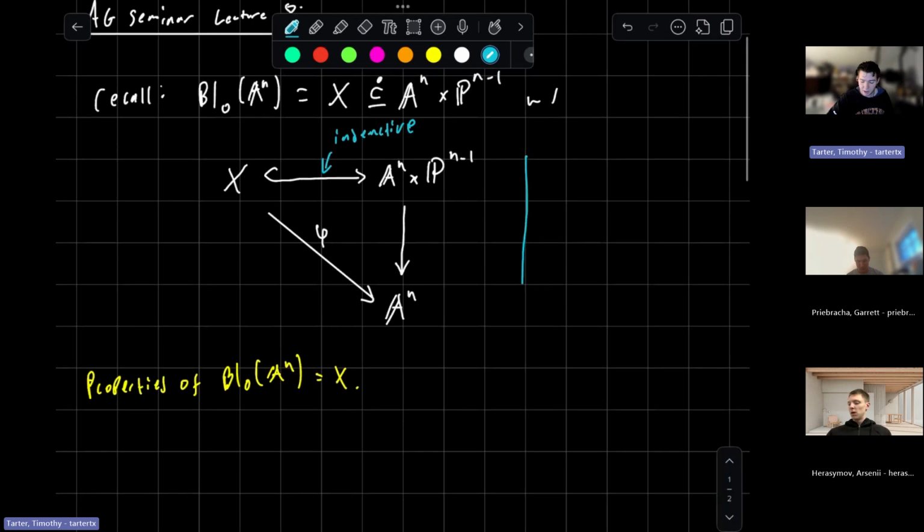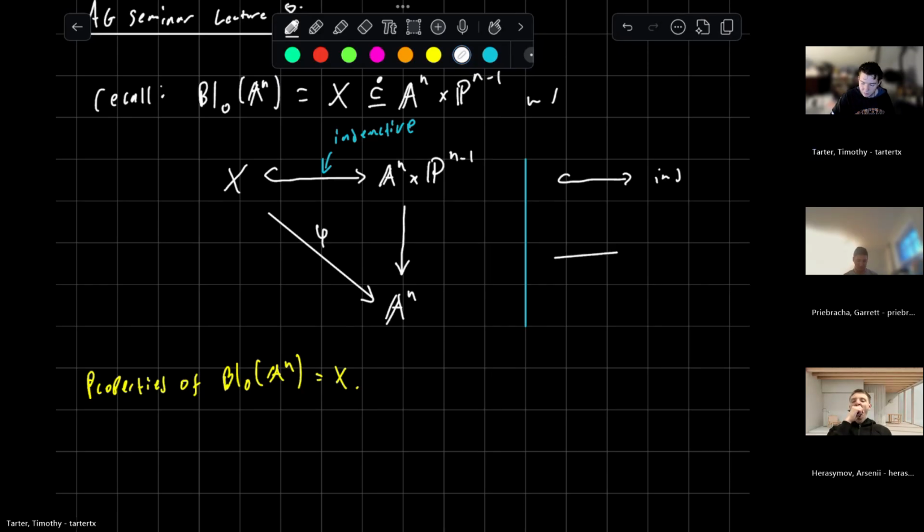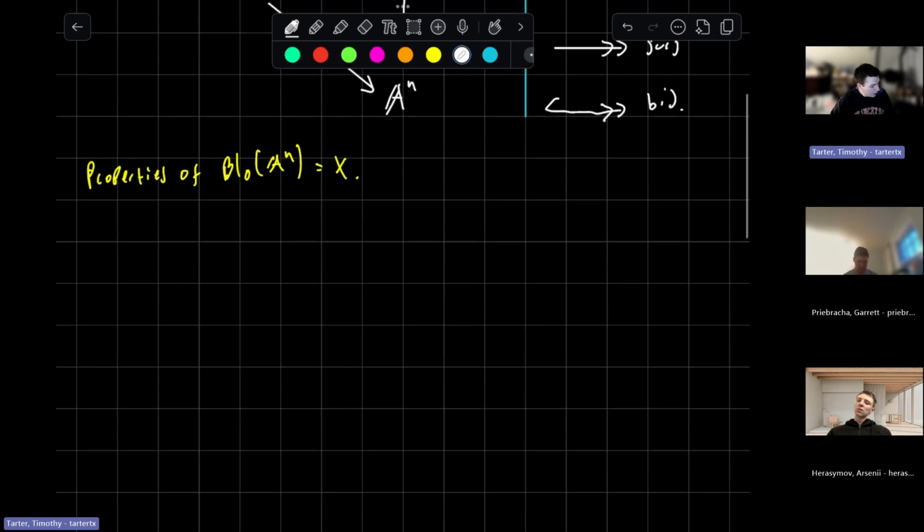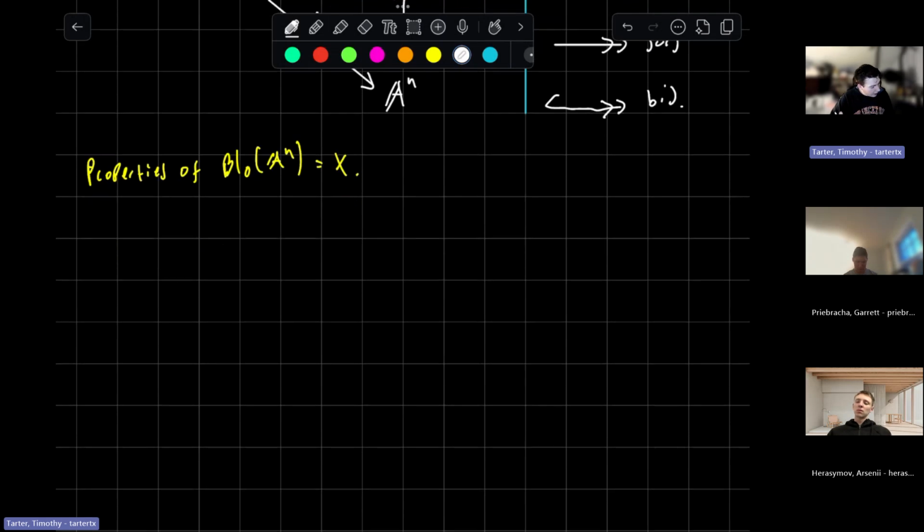So just general terminology in commutative diagrams: this type of arrow is injective, this type of arrow is surjective, and this is bijective. Okay.